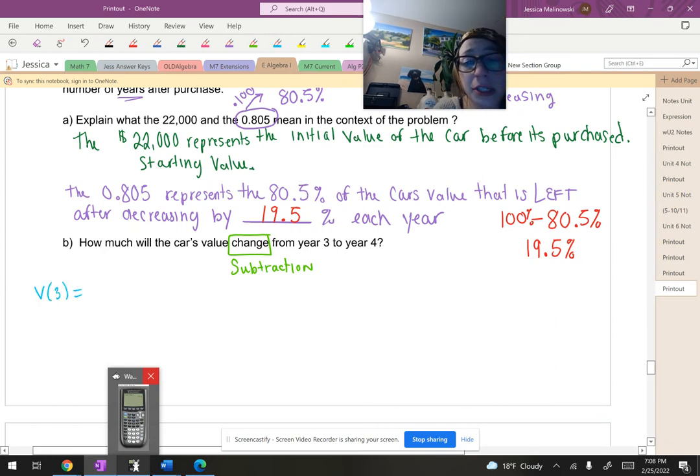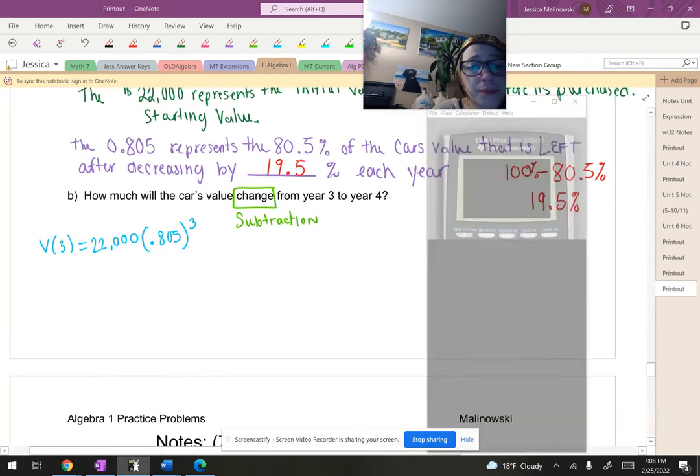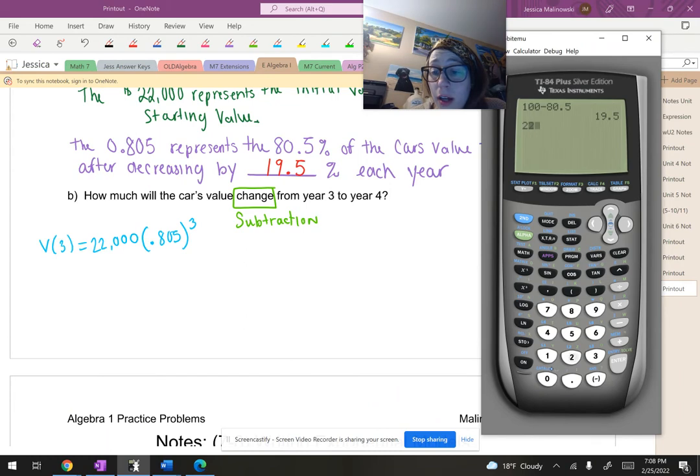So V of 3, replacing the t with 3 because that's the year: 22,000 times 0.805 raised to the 3.